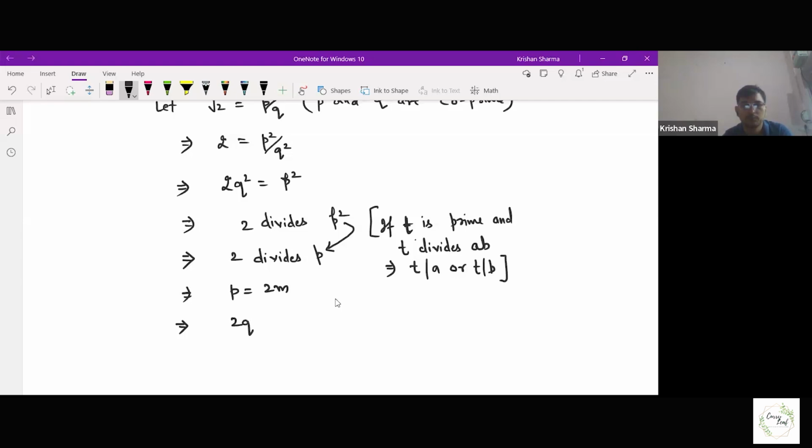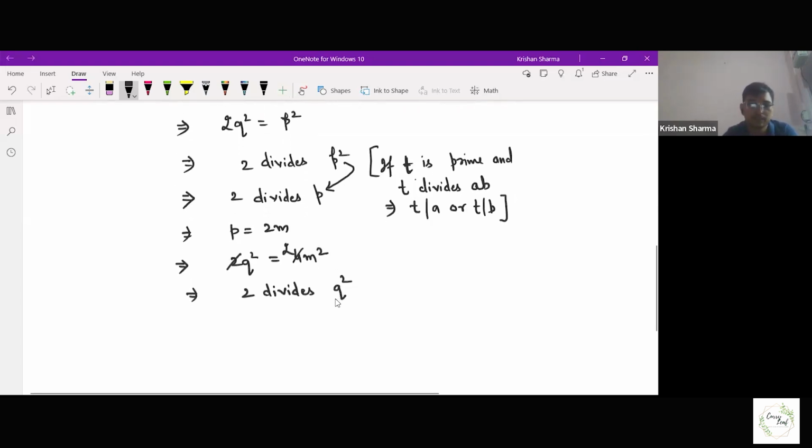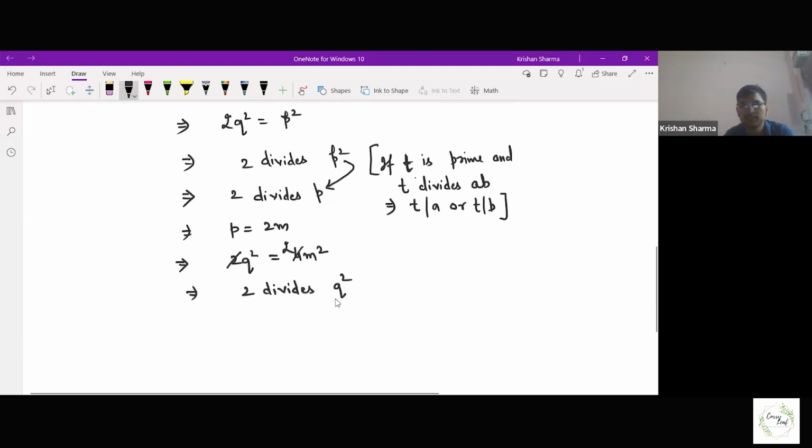So we get 2q square is equal to 4m square, and that cancels to give 2 divides q square.